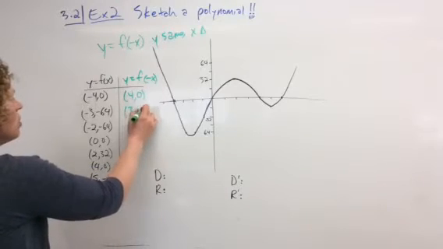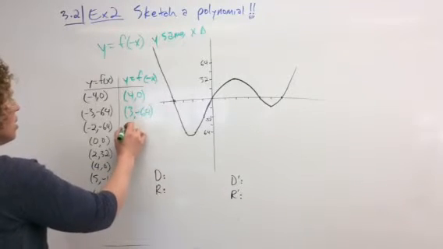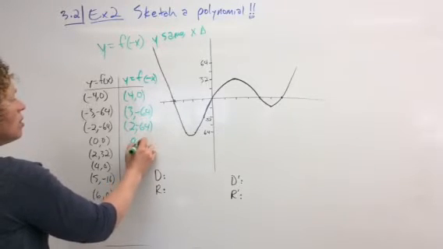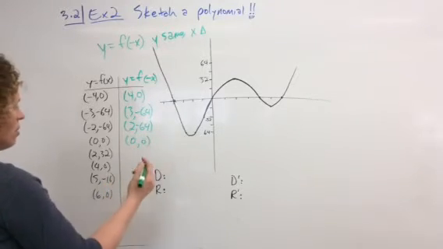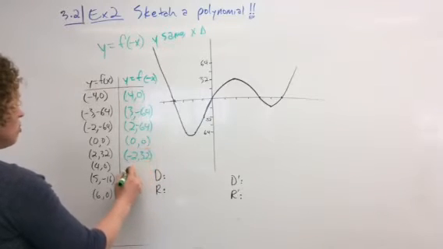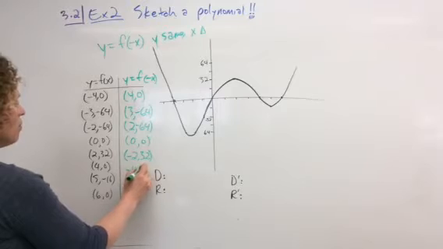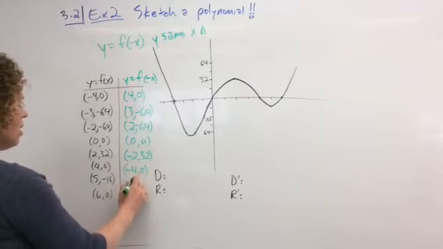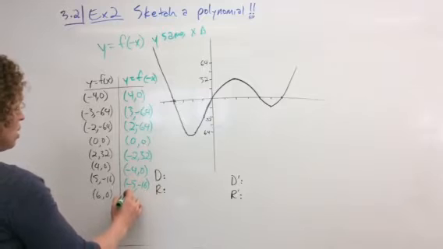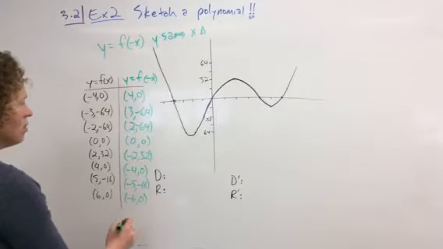Next one's 3 and negative 64. The next one's 2 and negative 64. 0 and 0 stay the same because that's kind of obvious. Negative 2 and 32 is our new point here. Negative 4 and 0. Negative 5 and negative 16. And negative 6 and 0.